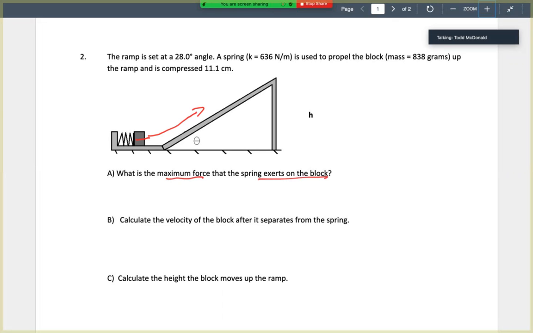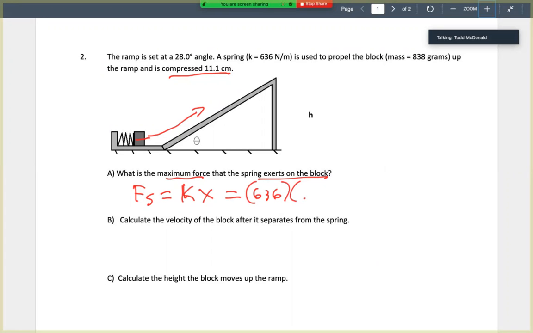So when that spring is compressed, the force of the spring is going to be equal to Kx. Remember, we're not going to worry about the negative sign there. So to get the force of the spring, we're going to take our K value, which is 636. We're going to multiply by the amount the spring is compressed, which again, we have to use meters.